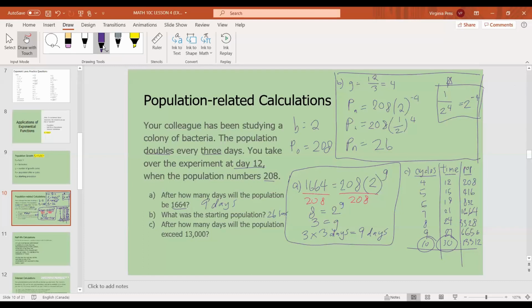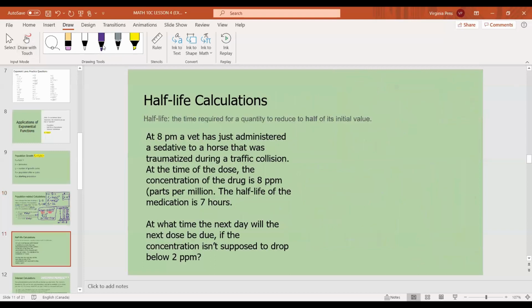Which means that we actually have to subtract 12, which is our original value, from 30, because we took over the experiment at day 12, right? So we're counting day 12 as day 1 in our situation. So if we take away 12 from 30, we get 18. After 18 days, the population will exceed 13,000.